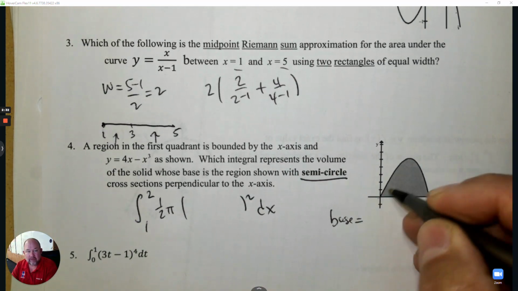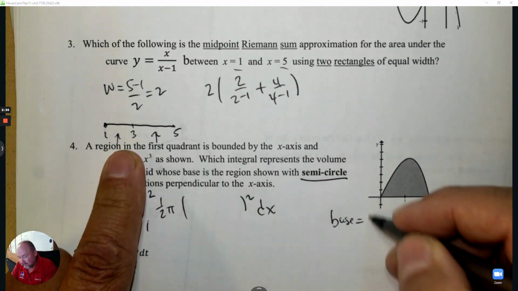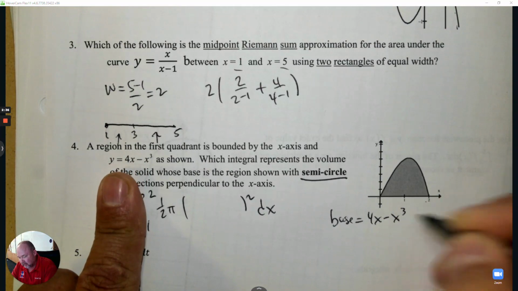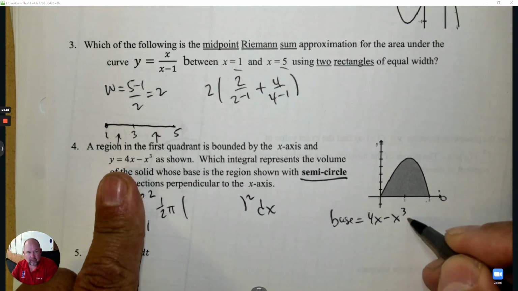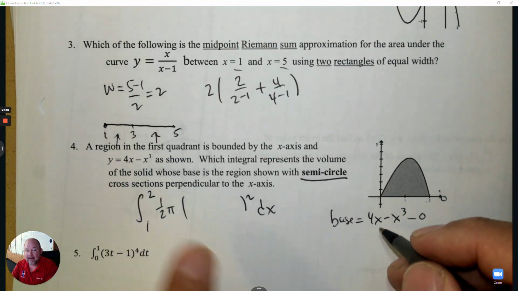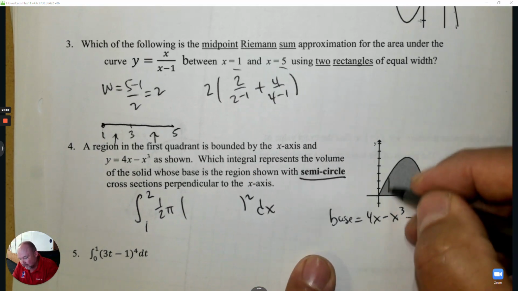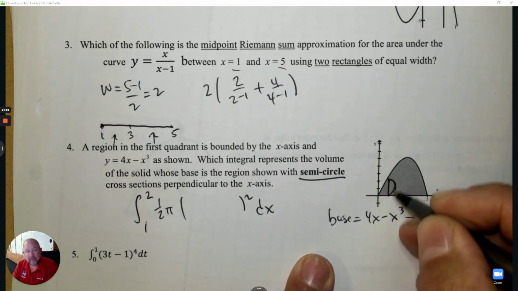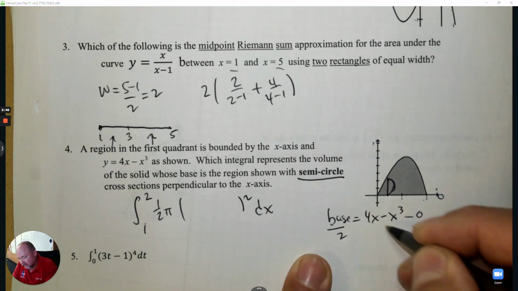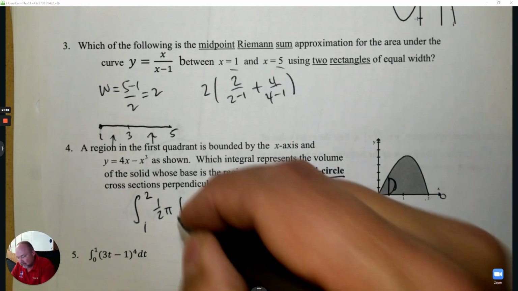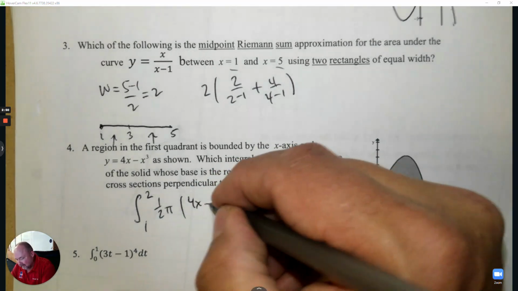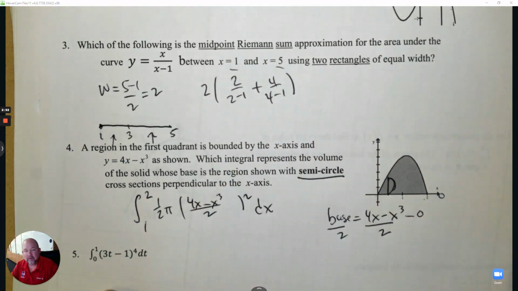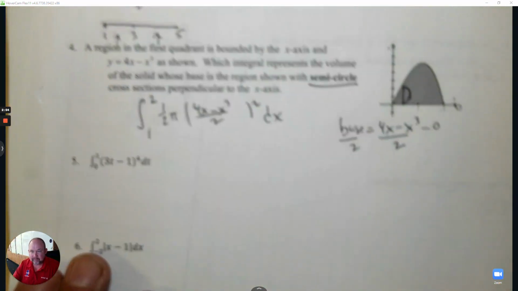So the base is top subtract bottom. So that's 4x subtract x cubed. Subtract the bottom, which is 0. We don't need it. And to recognize that for a semicircle, that base is the diameter. So if I want the radius, I have to divide that base by 2. So that's 4x subtract x cubed, divided by 2. Now it's the radius, and there's the setup.